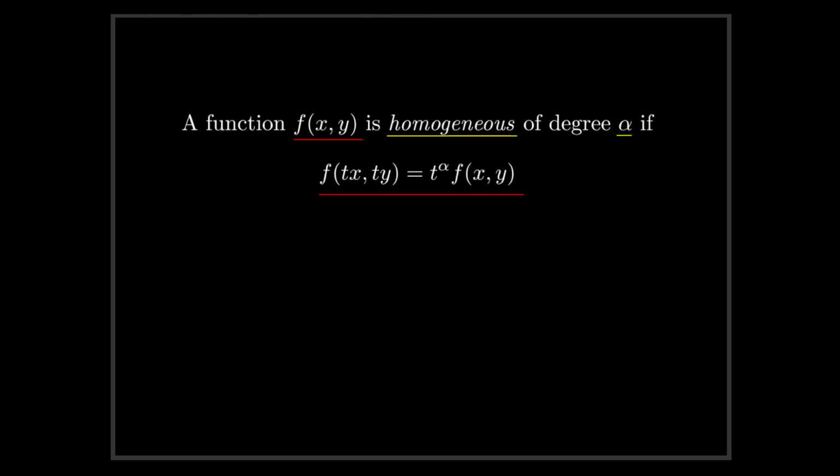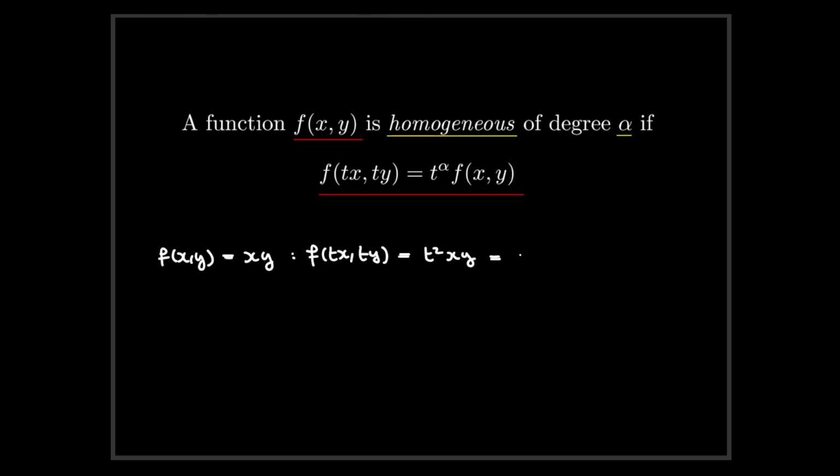Just to give you an example, if we take f of x, y to just equal multiplication, then f of tx, ty is going to end up being t squared times xy, because it'll be tx times ty, which is just t squared xy.